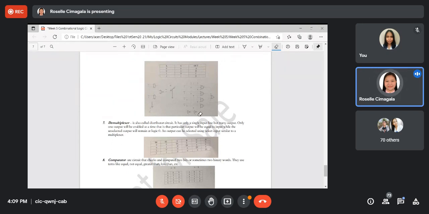Based on this we have the data select, and our output will be based on it. Whichever is enabled, whether A, B, C or D, we have an enabled circuit, and then the logic diagram.